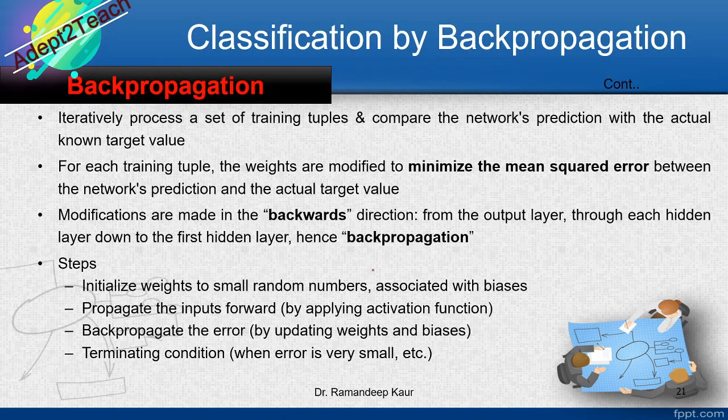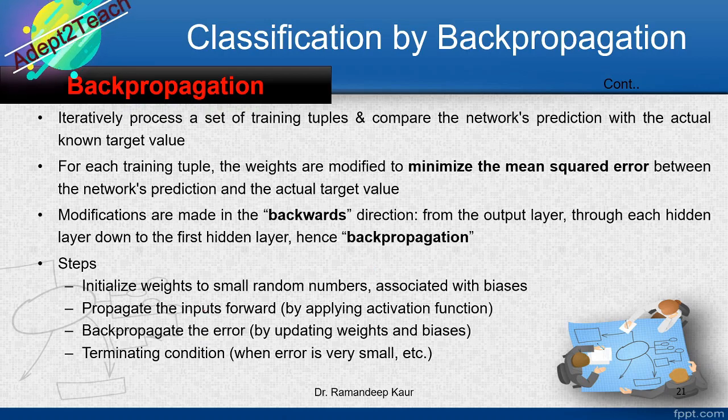We go back, we make some modifications till the time the difference between the actual output and the expected output is minimized, to such an extent that the mean squared error between the actual and the predicted output is minimized. So this is basically your backpropagation. How does it work?